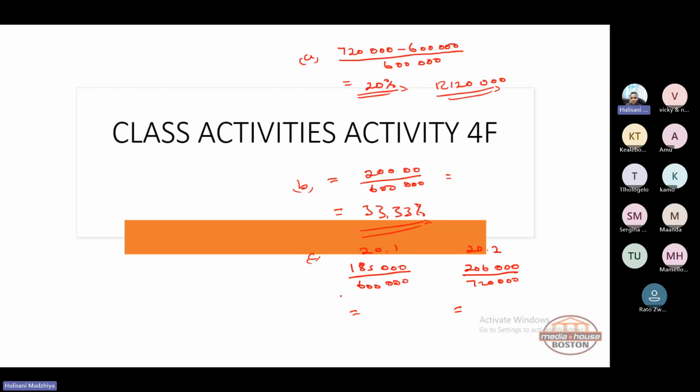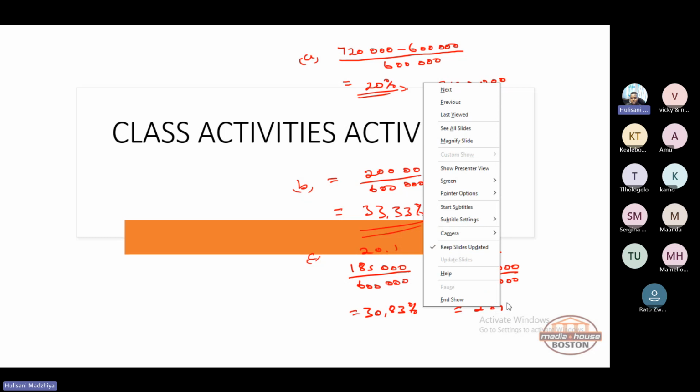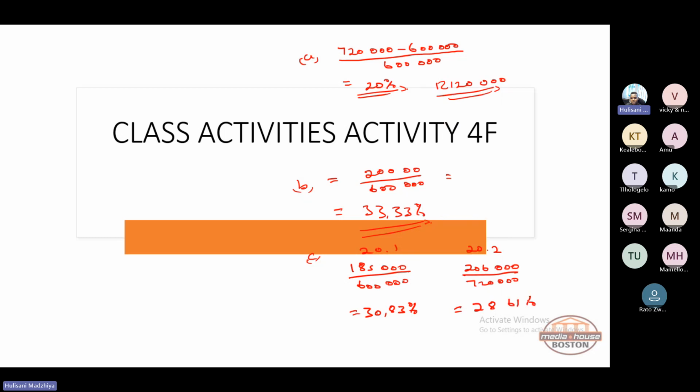So here you're going to have 30,000 and 30.83%, and then on the other one, you're going to have 28.61%. So these are all expenses.